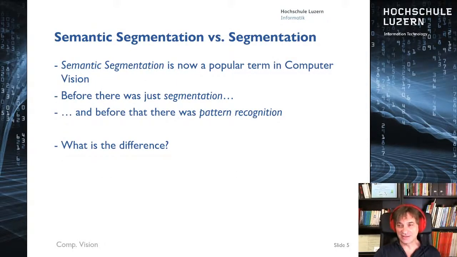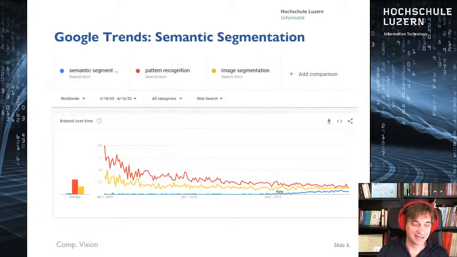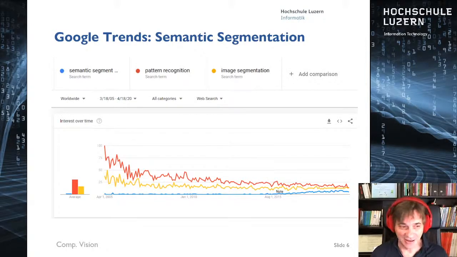Now, semantic segmentation is quite a popular term in computer vision, but it hasn't existed for that long. Before, we had something called segmentation, and even before that, in the early times of computer vision, we had something called pattern recognition. So what is actually the difference between the terms? I checked quickly on Google how these terms have been used.